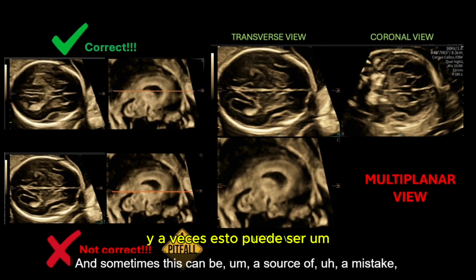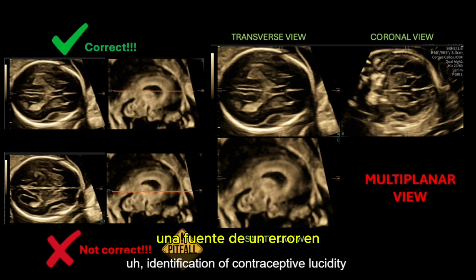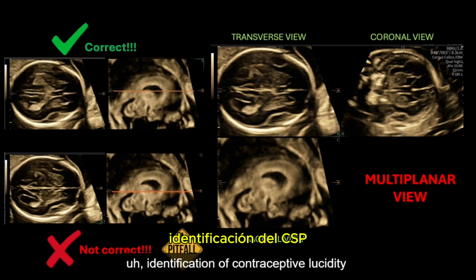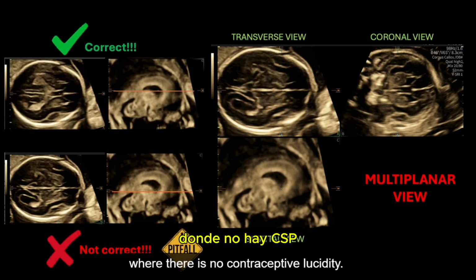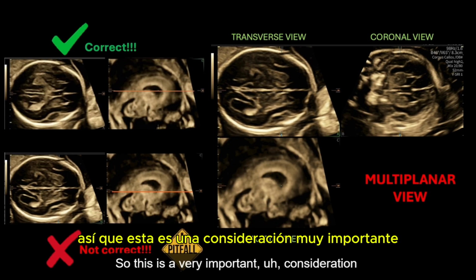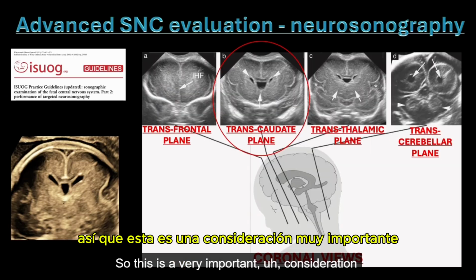Sometimes this can be a source of mistaken identification of cavum septum pellucidi where there is no cavum septum pellucidi. So this is a very important consideration.